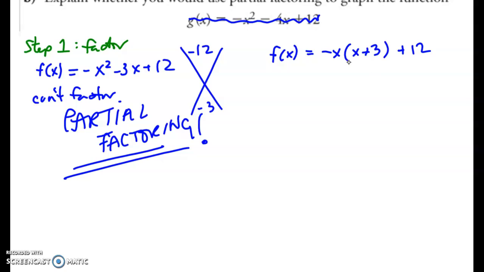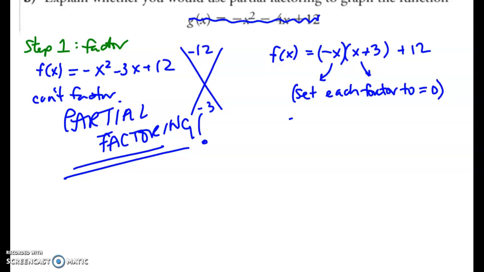And now we're going to take the two factors that we have. This negative x is being multiplied by x plus 3. Those are the two factors that we've found with the partial factoring. And we're going to set each factor, I'm just writing this so you have the notes for next time, set each factor to equal 0.